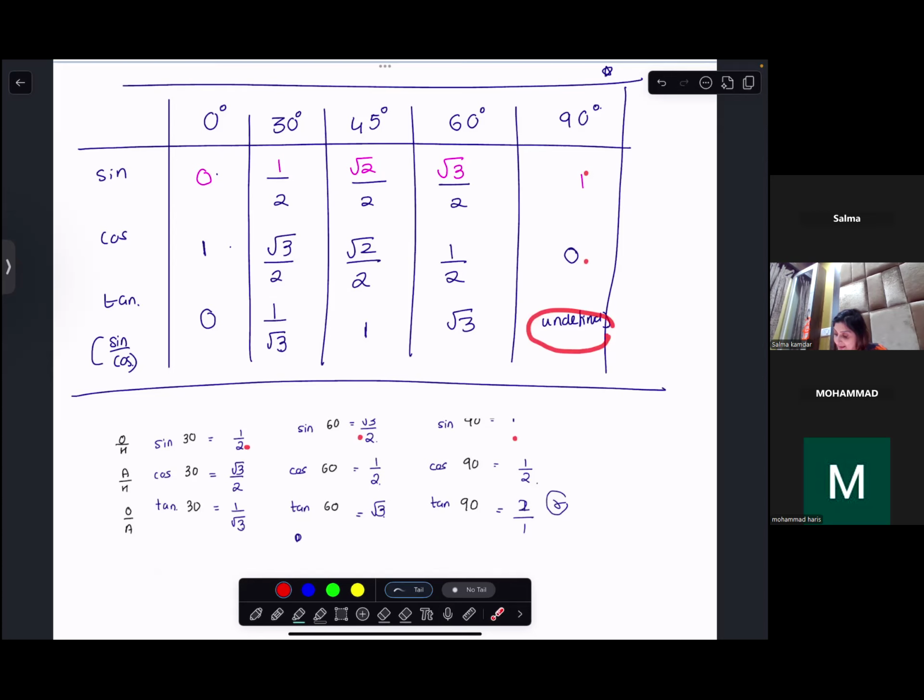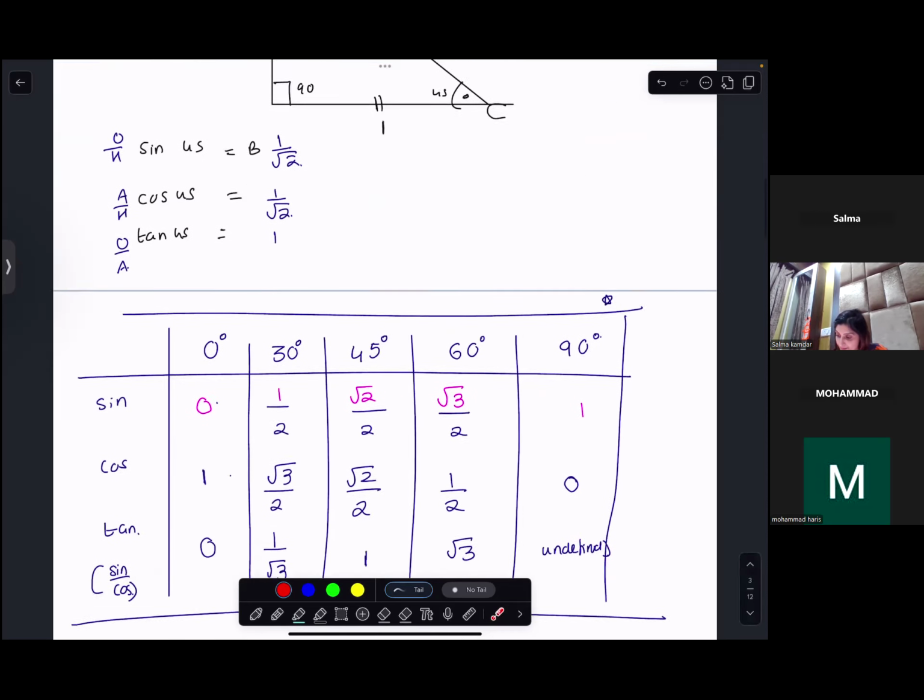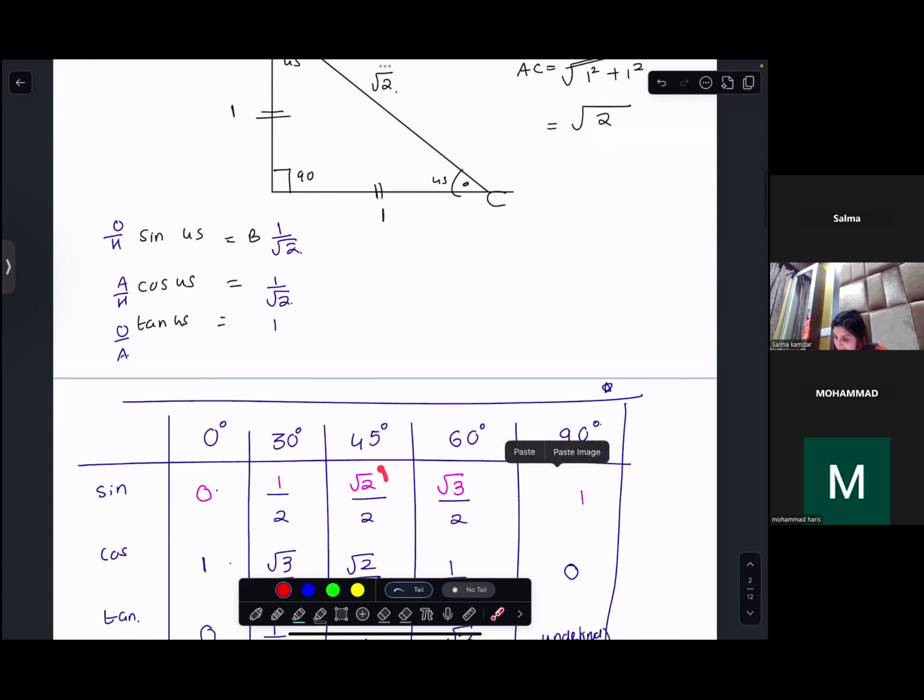For 30, 60, 90, we have half, root 3 by 2, 1. This we got from the 45 degree triangle. Now over here we have got 1 by root 2, but over here the value is root 2 by 2. 1 by root 2 or root 2 by 2 means the same thing. Can you tell me why?